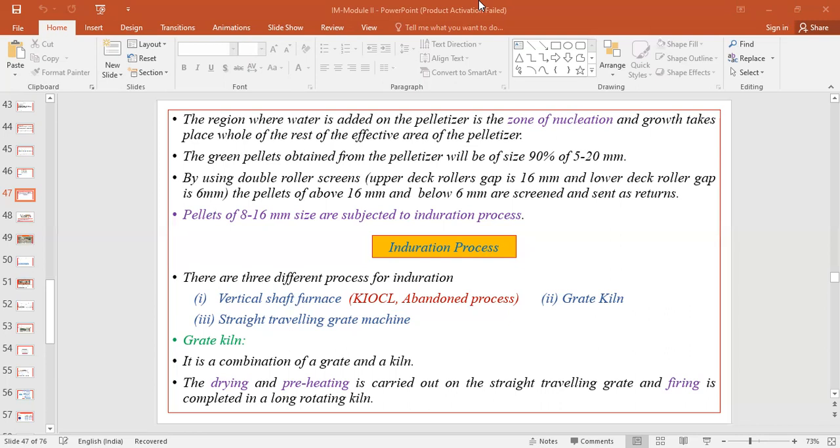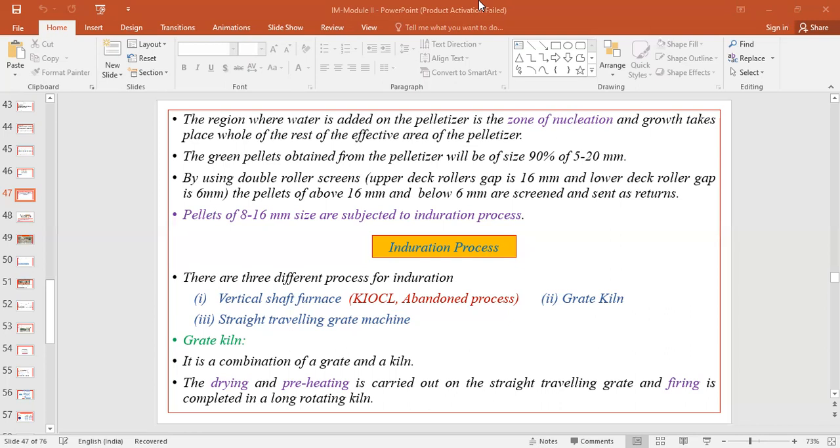So there are currently two different methods by which we do the induration process. One is Grate-kiln technology, the other one is Straight-grate machine. Before that, we also used to have another method, that is the vertical shaft furnace, for the induration of green pellets.